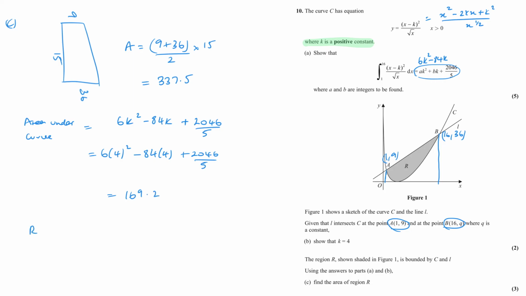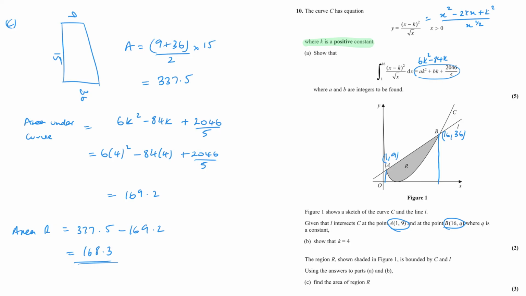So our region R, or area R, is 337.5 minus 169.2, which is 168.3. And there we have it. So not too difficult a question. Some awkward numbers and letters to deal with in this question, but not too difficult.